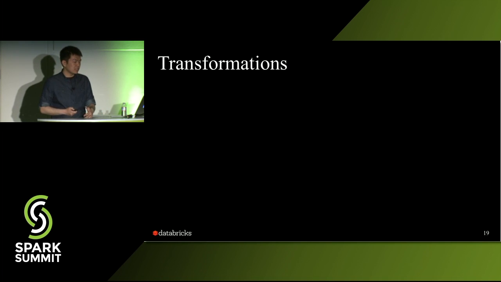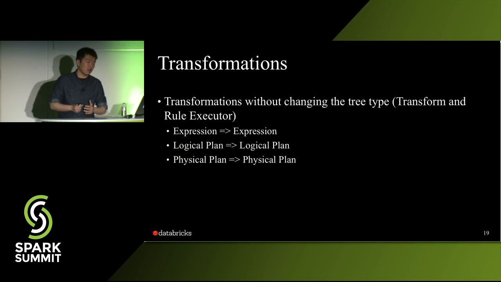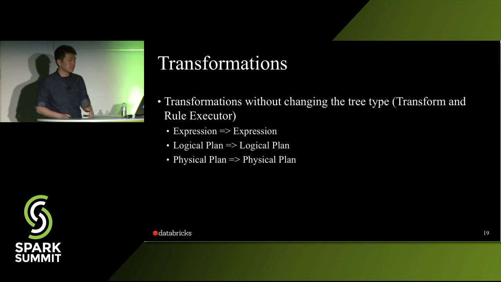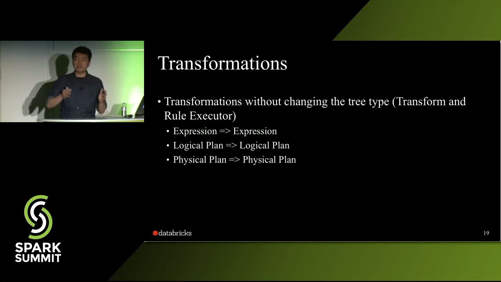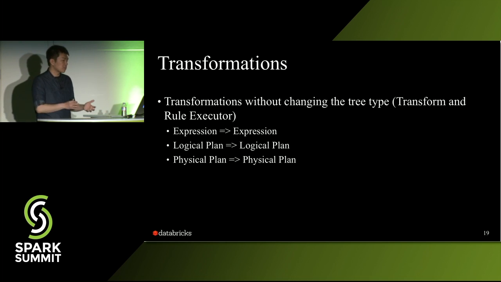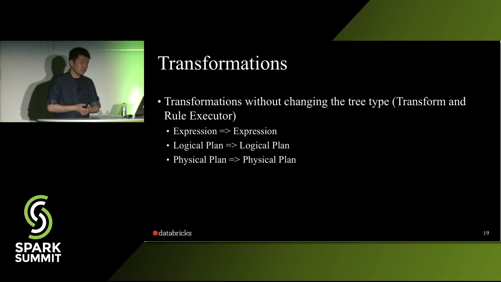In Catalyst, there are two kinds of transformations. The first kind of transformation is used to transform a tree to another tree without changing the type of the tree. Through this kind of transformation, we can transform an expression to another expression, a logical plan to another logical plan, or a physical plan to another physical plan.